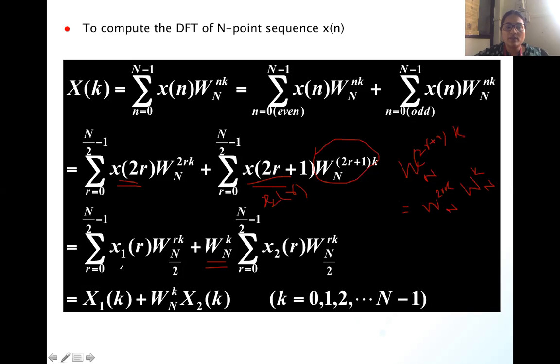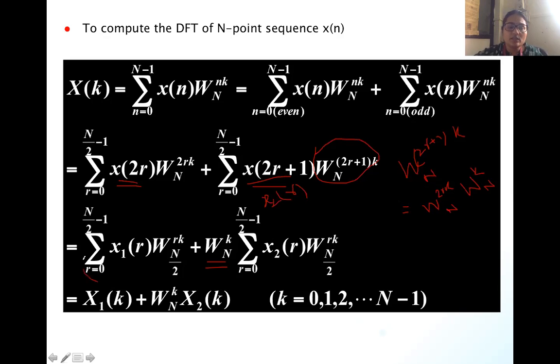So the equation will be solved as summation r varies from 0 to N by 2 minus 1, x1 of r W raised to rk suffix N by 2, plus W raised to k suffix N multiplied by summation r varies from 0 to N by 2 minus 1, x2 of r W raised to rk suffix N by 2. The 2 I have taken in the denominator.